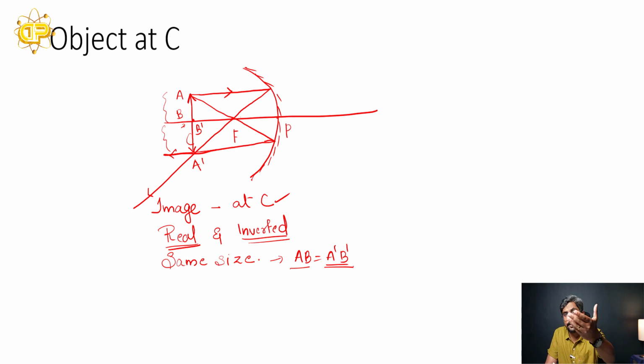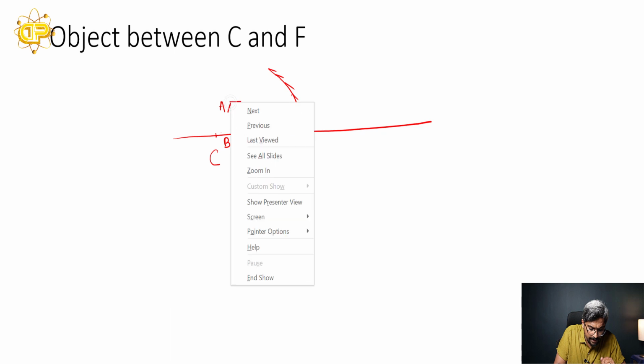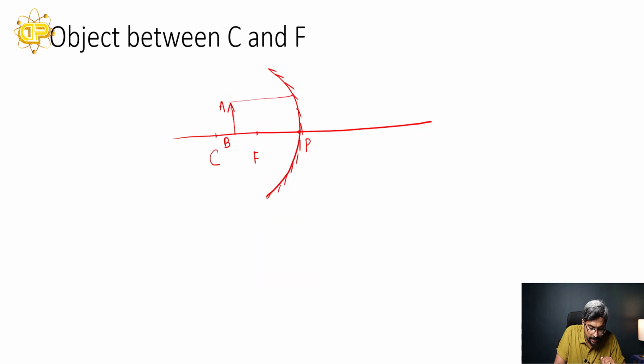So moving on to the next case, that is if you keep the object between C and F. So this is the scenario here. The same case I'm going to take, that is, a ray is moving from a point A and it is passing parallel to the principal axis, so definitely it will pass through the focus and move like that.